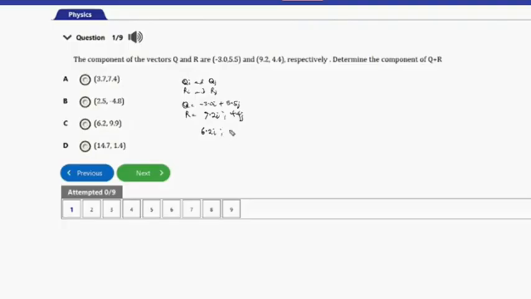Then for the j components, we are going to have 5.5j plus 4.4j, and that's 9.9j. So the component of Q plus R becomes 6.2, 9.9, and that's option C, guys. So let's go ahead and consider the next question.